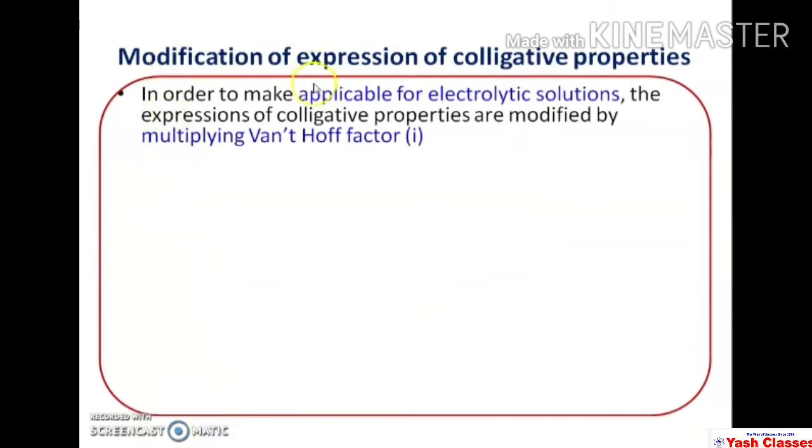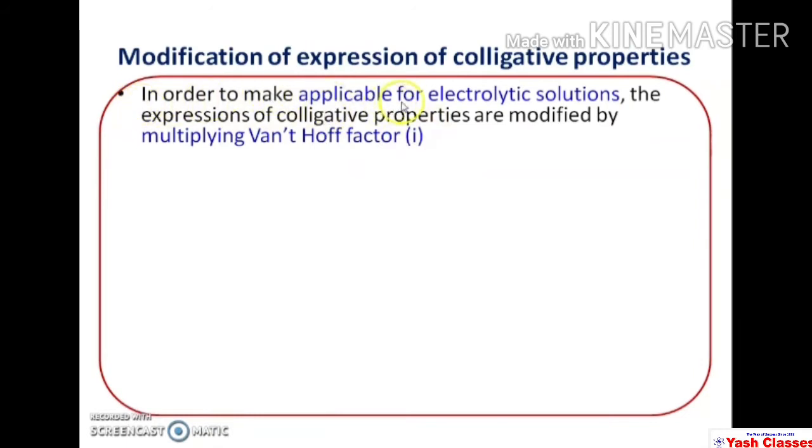Now modification of expression of colligative properties. So based on Van 't Hoff factor i, we are going to modify the colligative property relations calculated for non-electrolyte solution by multiplying each and every term by Van 't Hoff factor i.